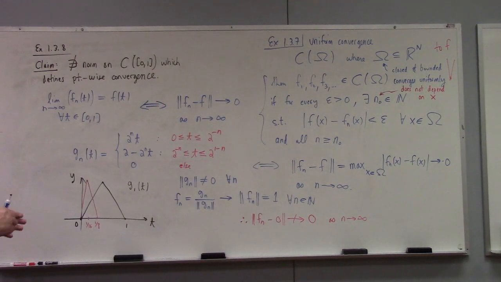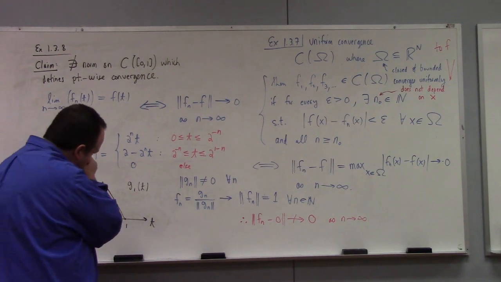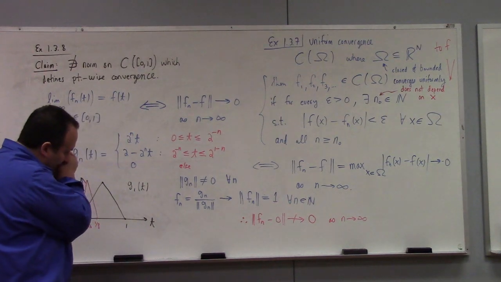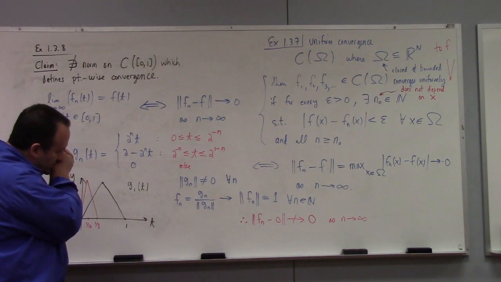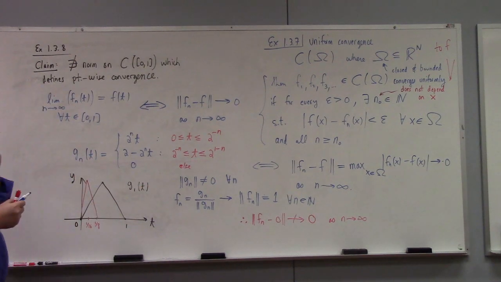This has to be something that's true for arbitrary norms. So why is this a contradiction?